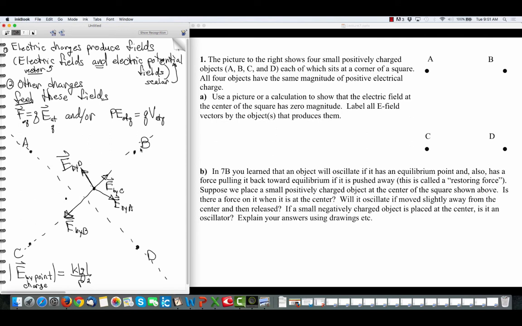So as I get closer to B, it changes by more than it changed when I got farther from C. So E by B is going to be by far the biggest vector around. And if you add those three together, I think that you'll see that the net of those three is a vector toward where we started out, the equilibrium point, toward the center. That the net of all of those four is going to be a vector toward the center.